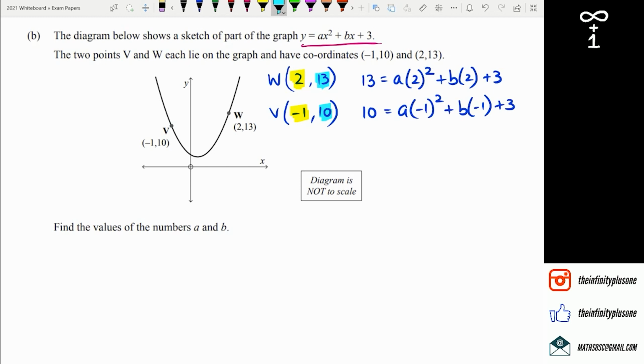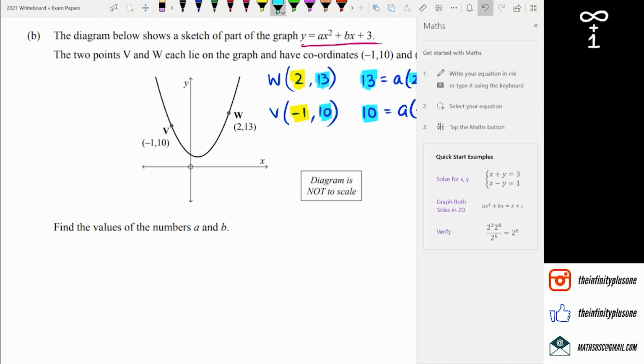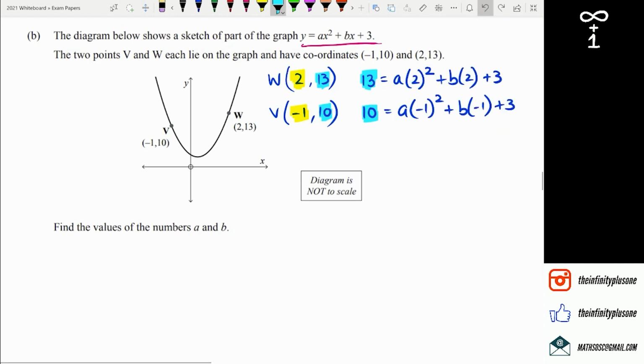So all I've done here is replace the Y value, and the X value as well. So there's the X value there, and the X value for the second equation. So I need to simplify those two equations first.